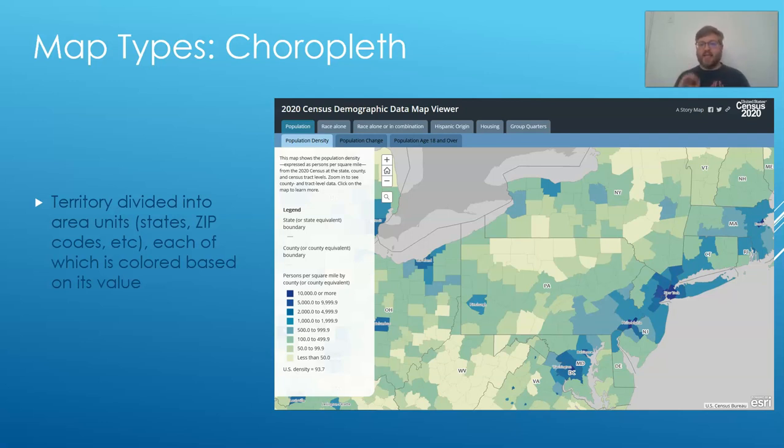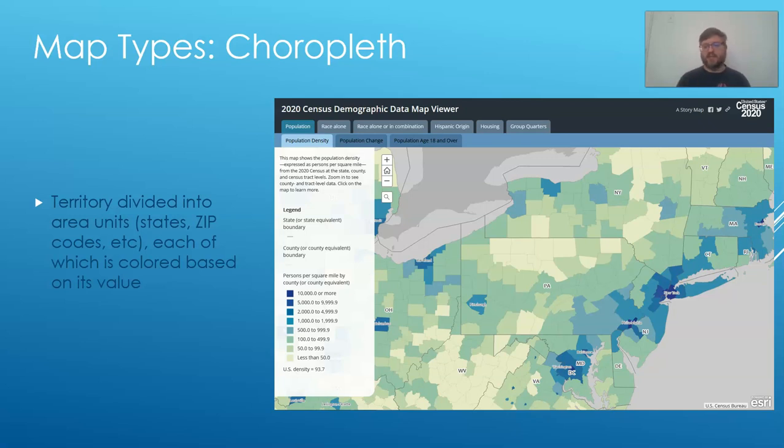And then each area unit is colored based on its value for whatever data we're presenting. So the example that I've got here comes from the US Census, and this is showing persons per square mile, so population density. So population density is the data we're showing, and each county is being colored in a different color depending on how dense its population is. So the darker, bluer colors are more dense.